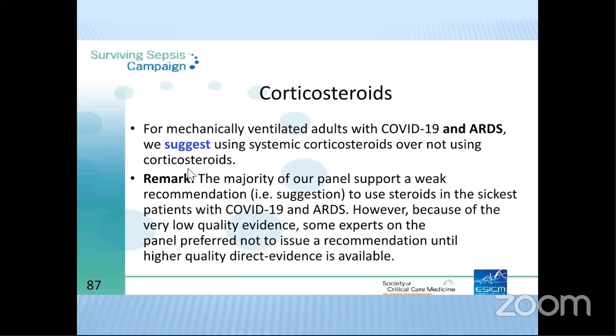They said if patients have mechanical ventilation and have ARDS, they suggest giving systemic corticosteroids. This is a general recommendation. But there are wiser people who said this study was run on a small number of patients, and we shouldn't go without more randomized controlled trials and more patients. So they only suggest that if you want to go, you can give steroids for patients with ARDS.